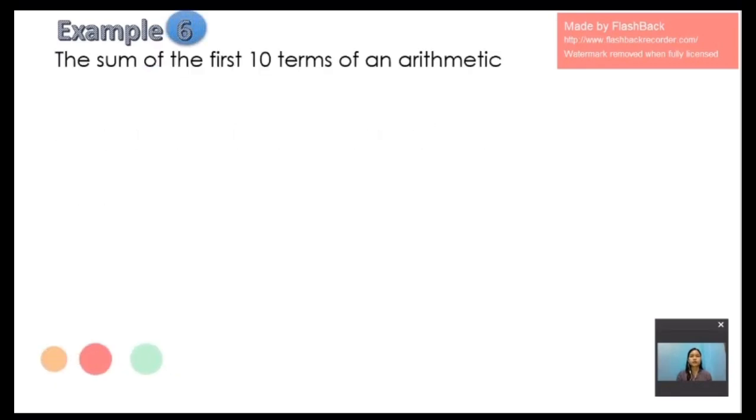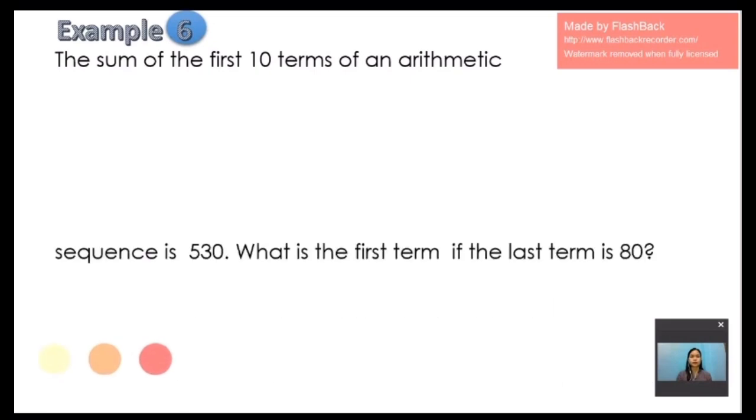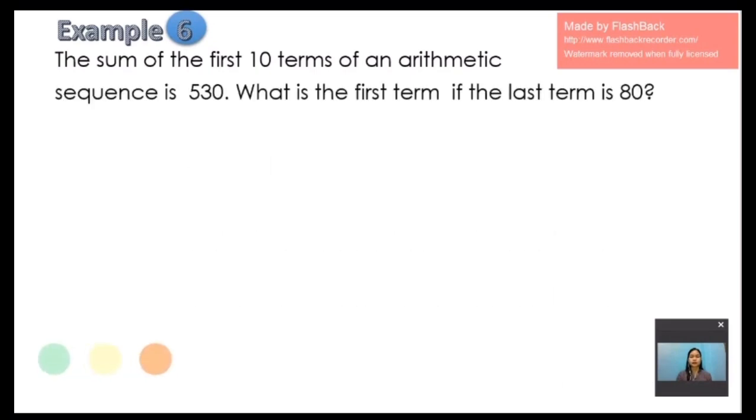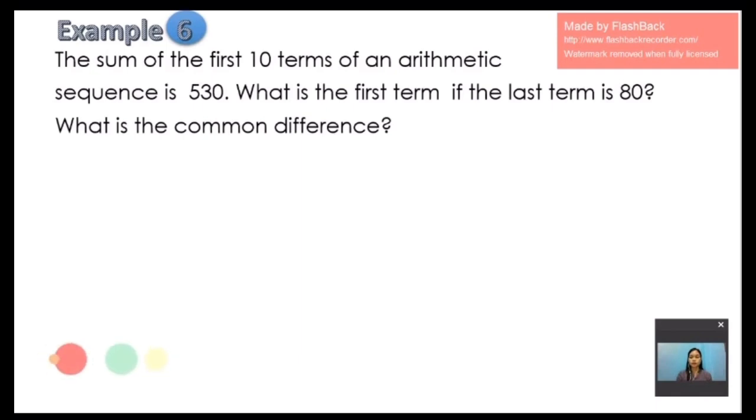The sum of the first 10 terms of an arithmetic sequence is 530. What is the first term if the last term is 80? And what is the common difference? So here in this particular problem, the given are S of n is equal to 530, n is 10, a sub n is 80.